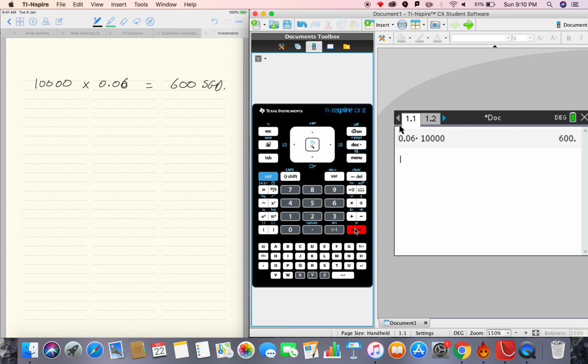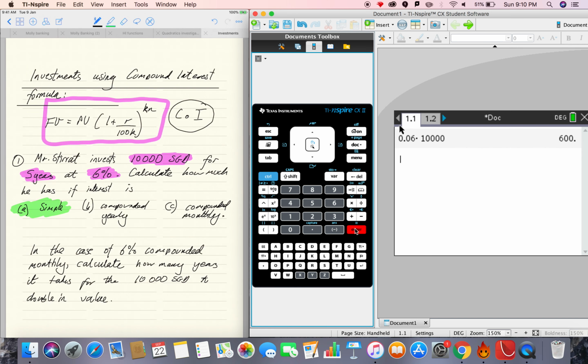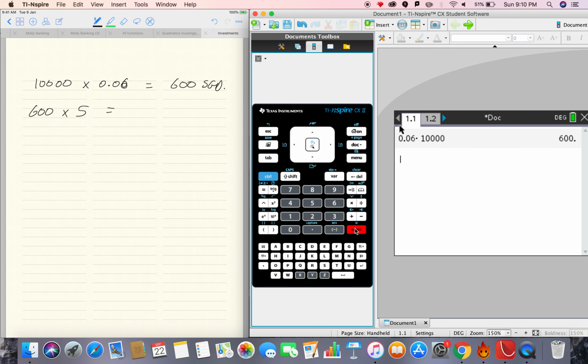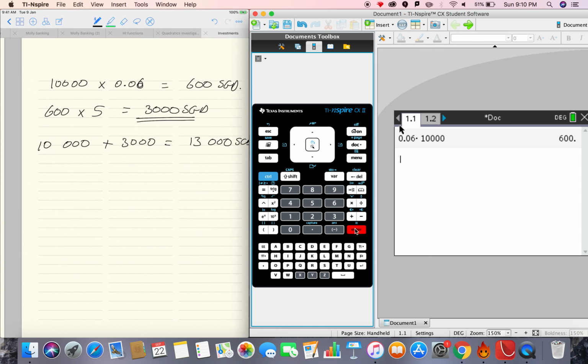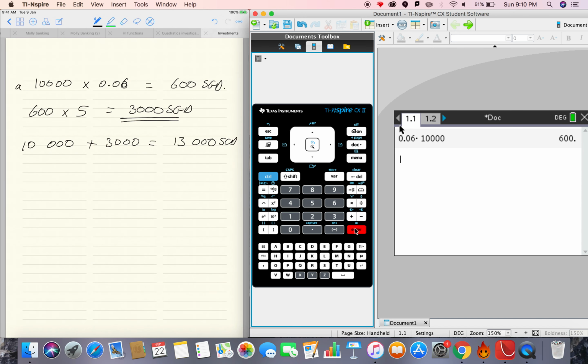Now simple interest is a bit of a rip-off because what you do then is you do 600 times by 5, the number of years you have your investment for, and that means you've got 3,000 SGD. So that is a bit of a rip because the final amount therefore is 10,000 plus 3,000, which equals 13,000 SGD. And you pretty much know that that's not quite the way that interest rates work.